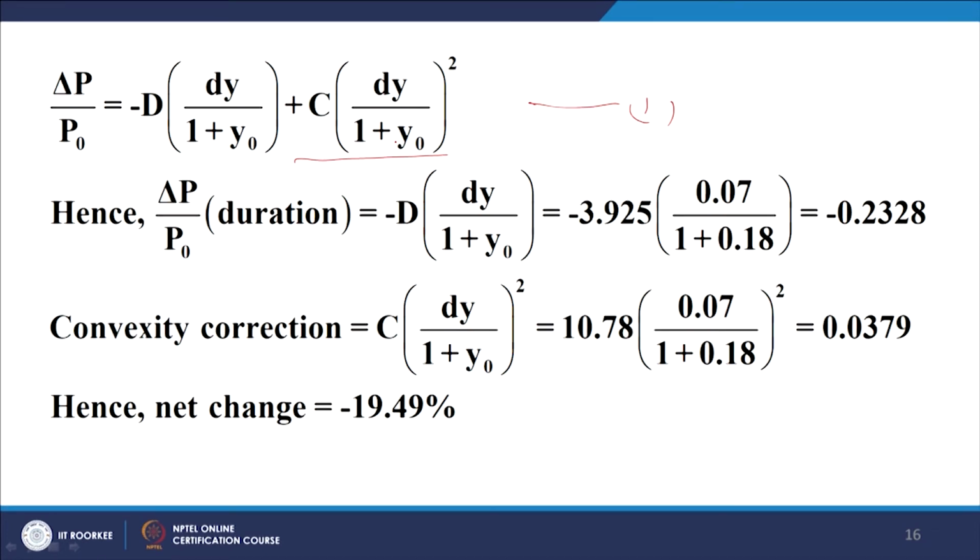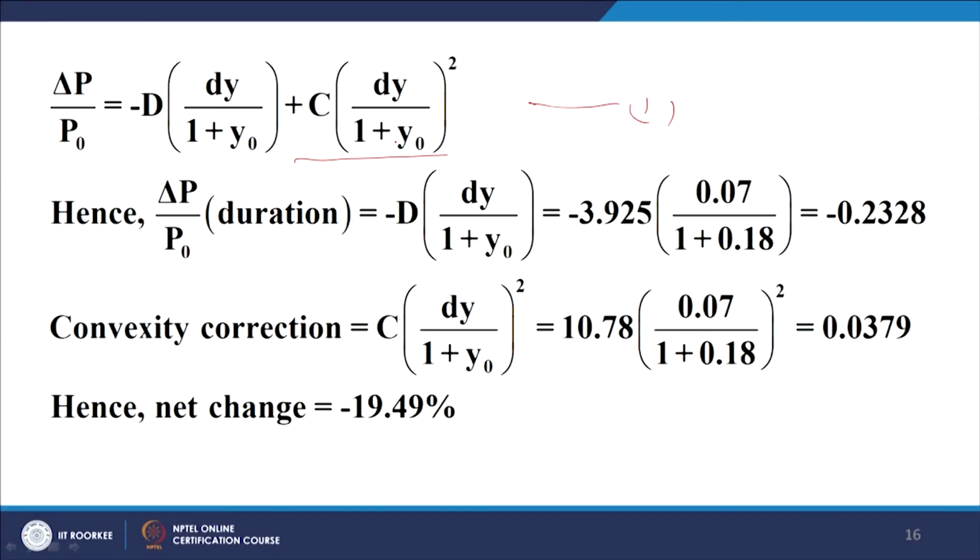Please note that the figure returned by duration alone is minus 23.28%, whereas the convexity correction is positive. So these two figures have to be added algebraically, keeping in view their signs. Adding minus 23.28 plus 3.79 gives minus 19.49, which is the estimate of the percentage change in price corresponding to a 7% change in yield from 18% to 25% using duration and convexity.